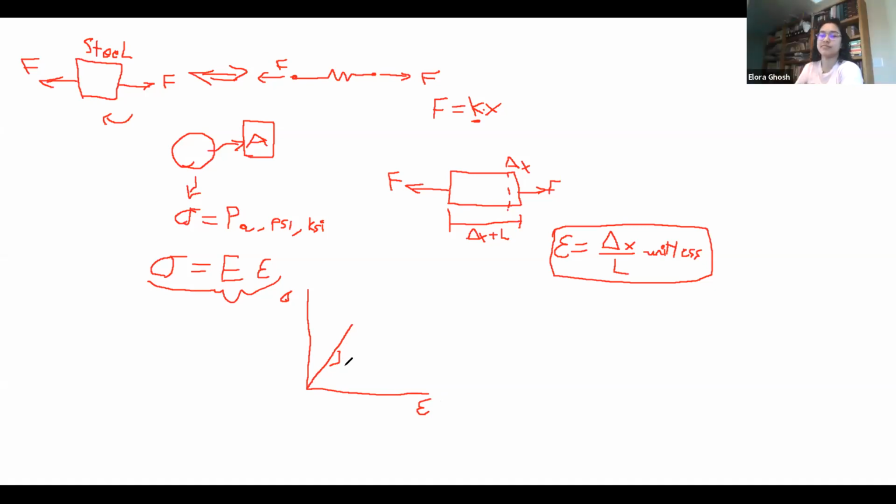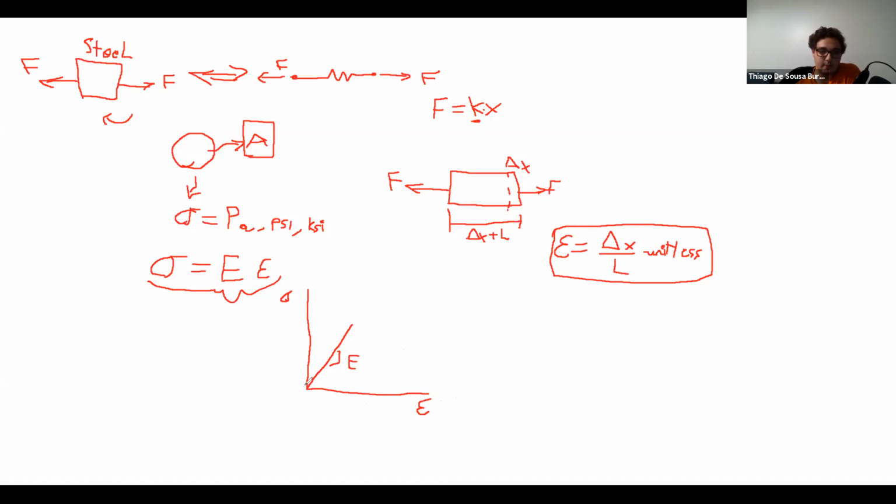E. Yeah, it would just be E. So if you were to plot the same for a spring, exact same thing, except now we don't have a length here, but rather a unitless form of measuring a deflection.